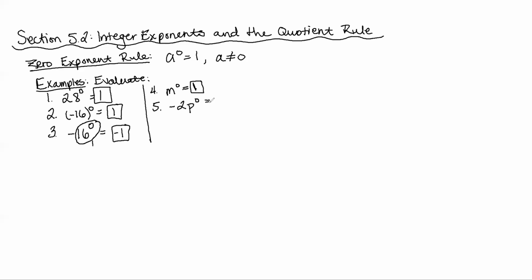So we want to figure out what that 0 exponent is being applied to. Since there's no parentheses, it's only going to go to the variable directly next to it, which is the p. So we have negative 2 times p to the 0. P to the 0 is 1. So negative 2 times 1 is negative 2.